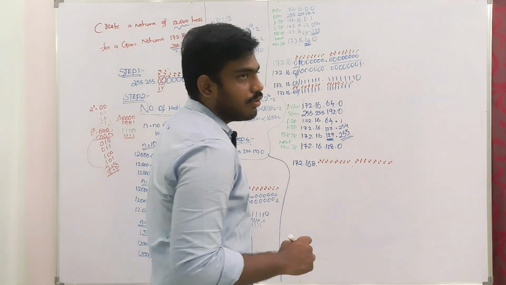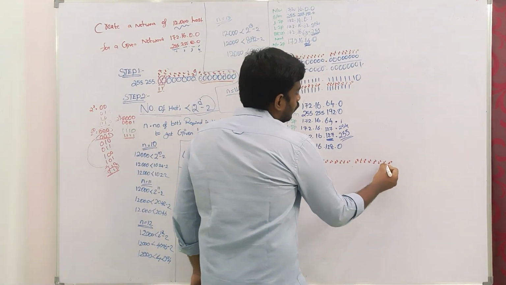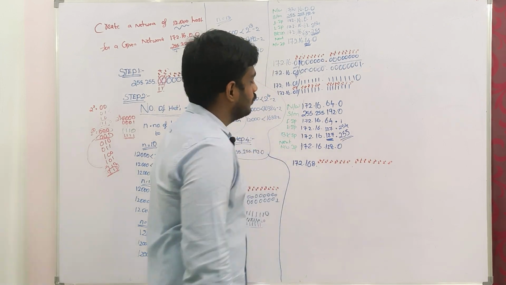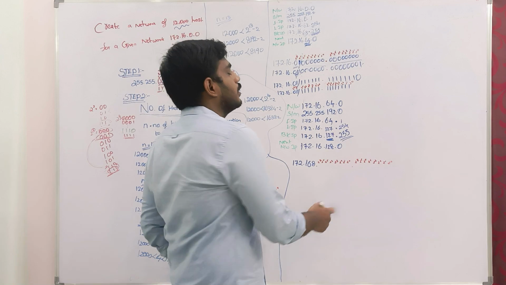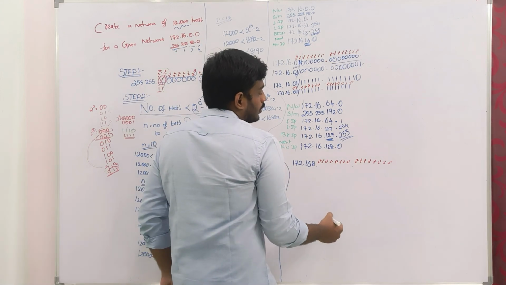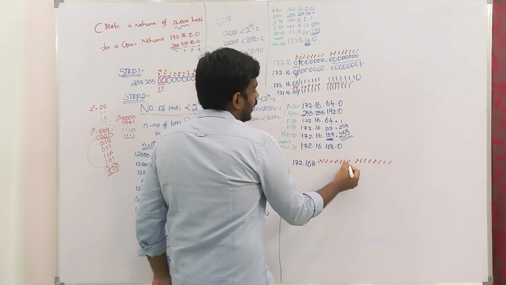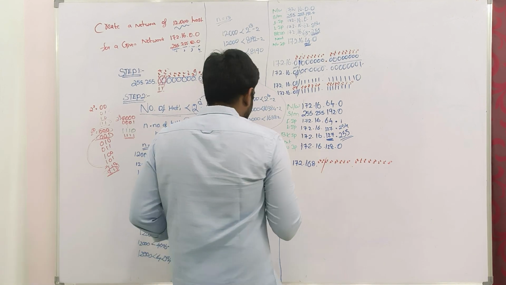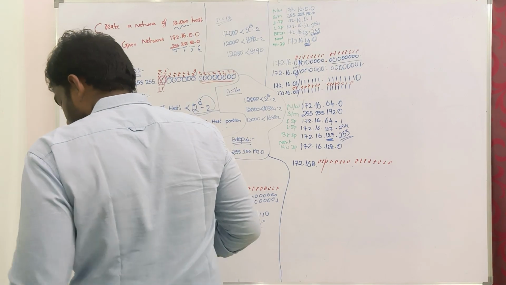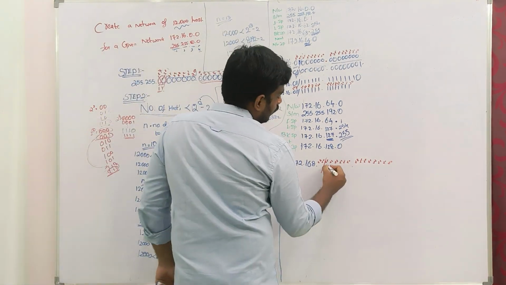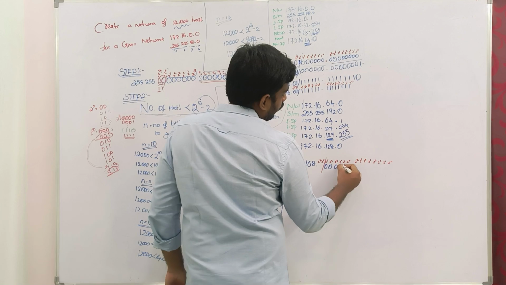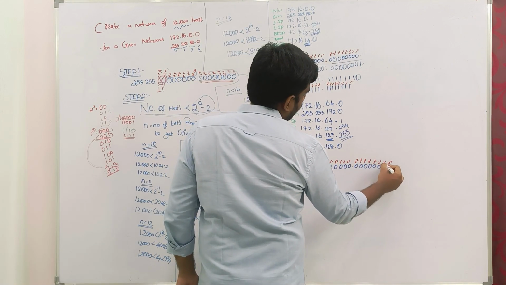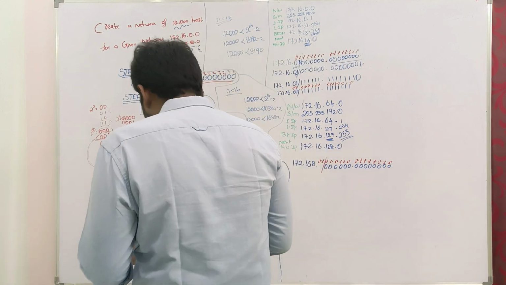Count the 14 bits of host portion: 1, 2, 3, 4, 5, 6, 7, 8. So 8 bits in the fourth octet are over. Then come to the third octet. Start from here: 9, 10, 11, 12, 13, 14. Make everything zeros here, all 14 host bits zeros.